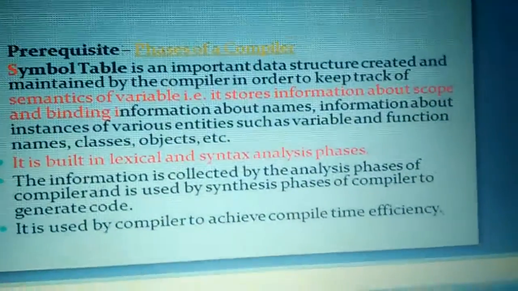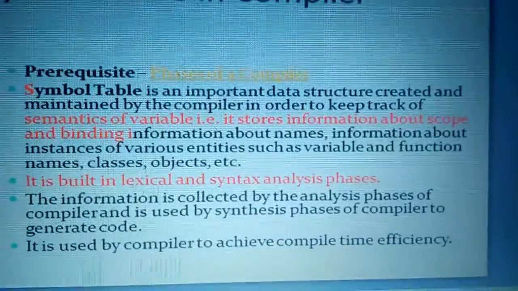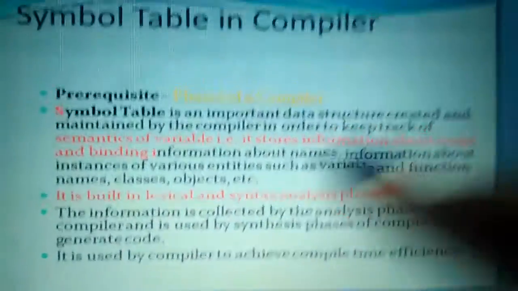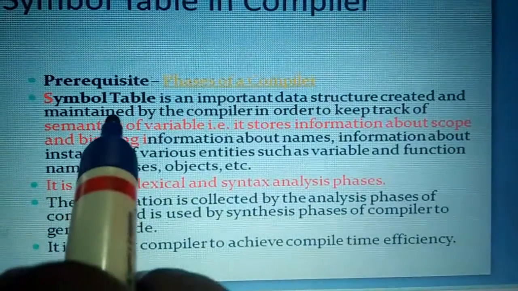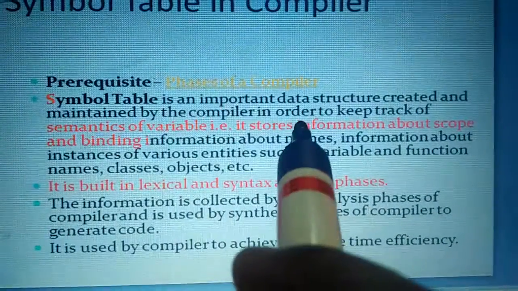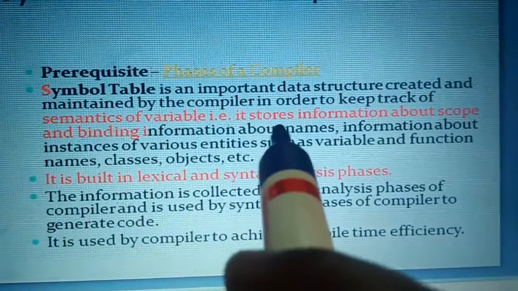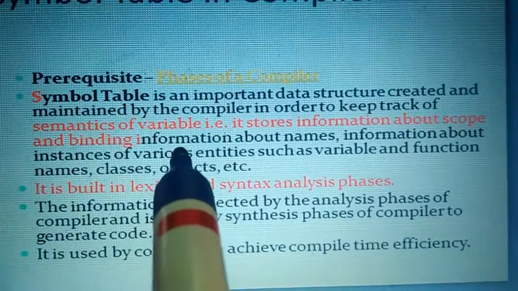Let me move on. As I briefed here, the prerequisite of the compiler was required to know a lot more about the symbol table. The symbol table is an important data structure created and maintained by the compiler in order to keep track of the semantics of variables; it stores information about scopes and binding.